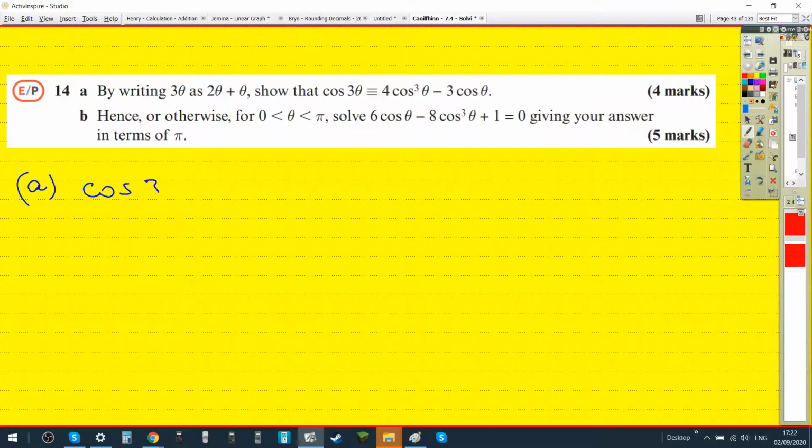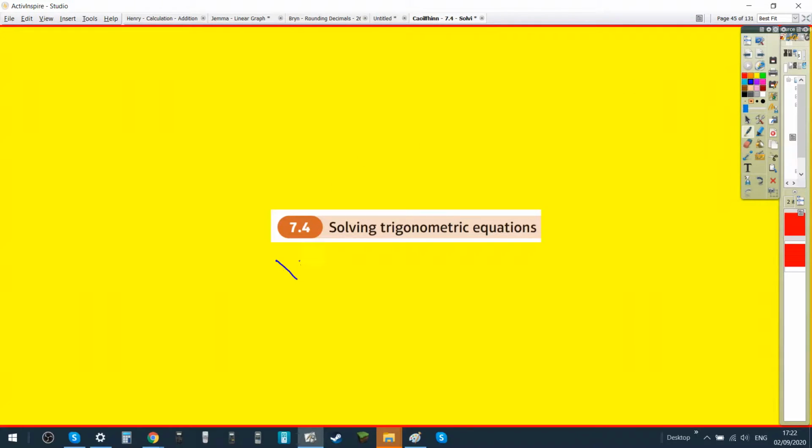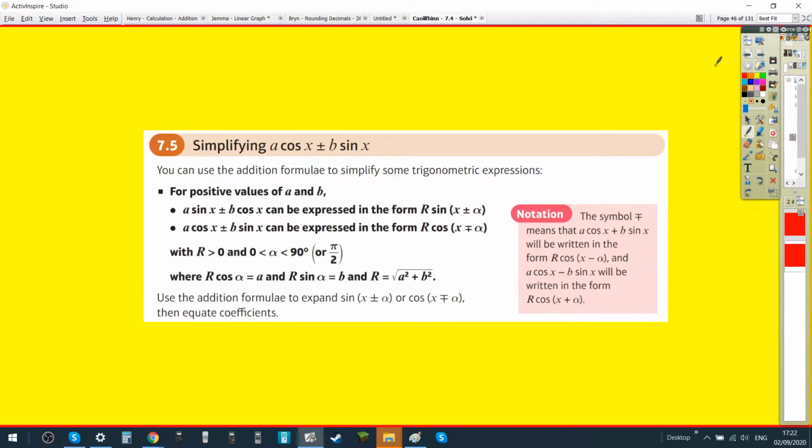So we write cos brackets 2 theta plus theta. Mm-hmm. And then can we use the formula for cos A plus B? Yep. And I think you'd be fine for the rest, to be honest. I think you have the idea. Okay.